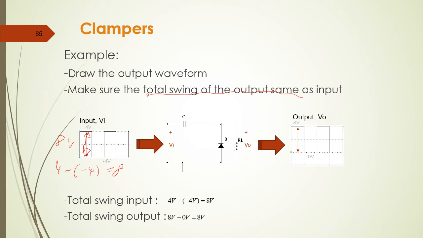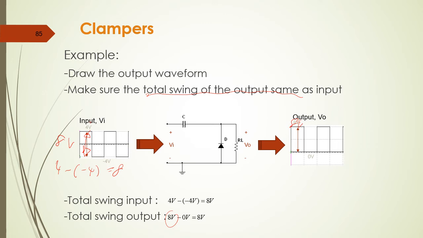So when we draw, the same range must be applied to the output. Now we have the total swing of the input, 4 volt here to minus 4. For the output we have 8 volt, and the total swing, 8 volt minus 0, is also equal to 8 volt. This is the swing.